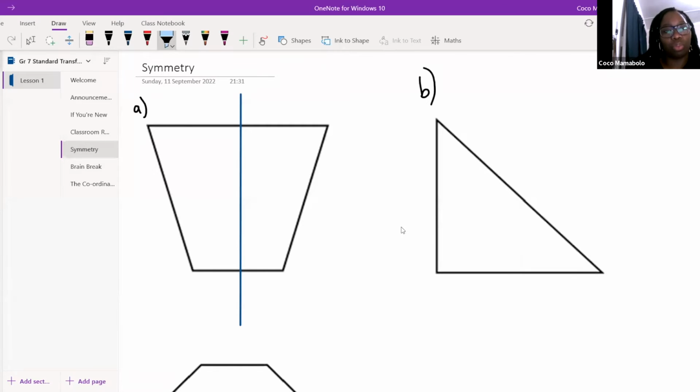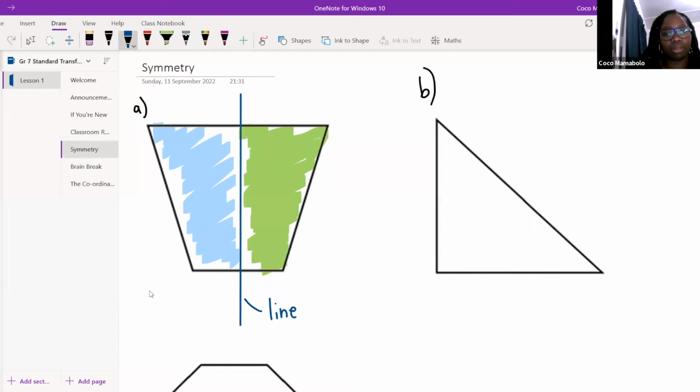All right, guys. So what's happened here, or what's supposed to have happened here, is that this shape over here looks exactly like this shape over here. Yes, Junior, you may. And what we have over here is called a line of symmetry.